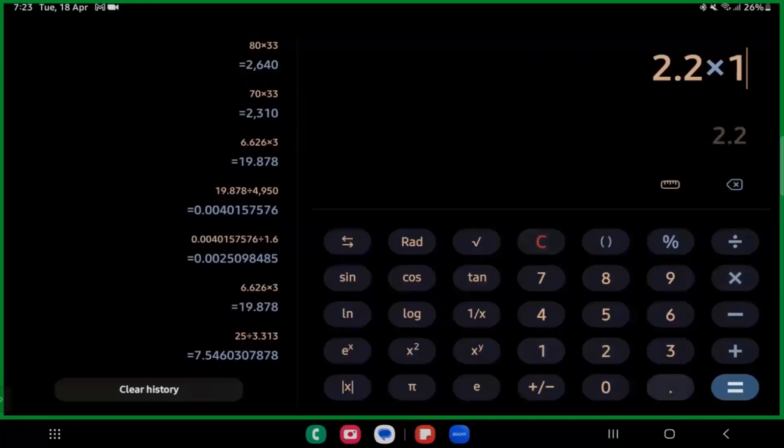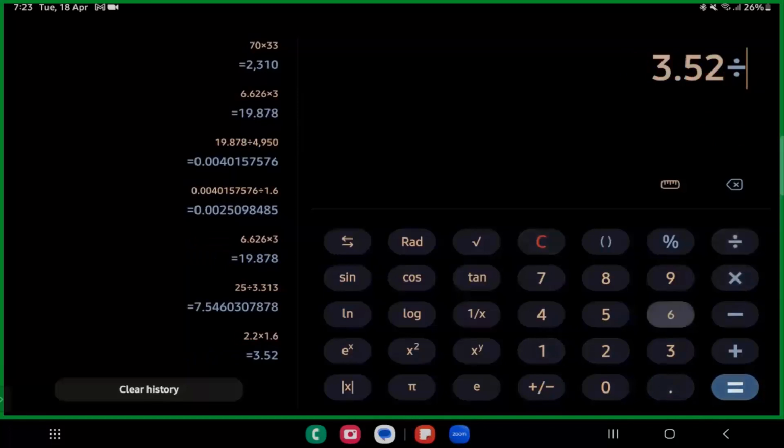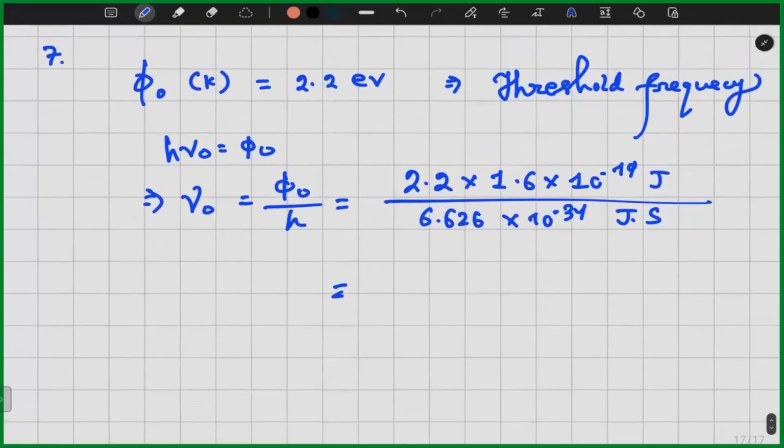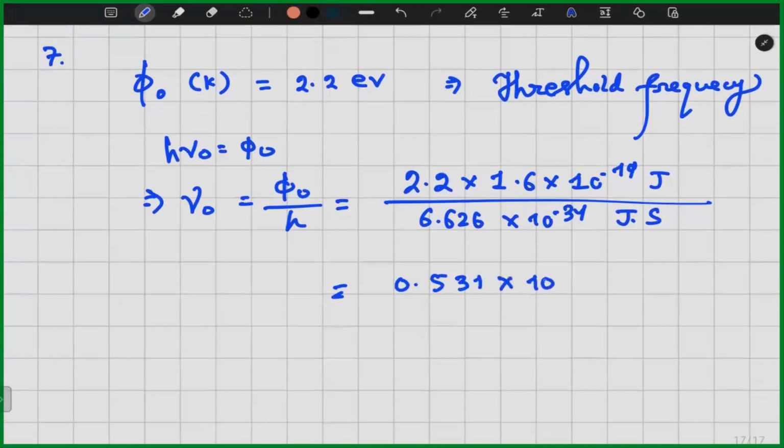It is 0.531 into 10 to the power 15 second inverse. So we can write it 5.31 into 10 to the power 14 hertz. Okay, this is the threshold frequency.